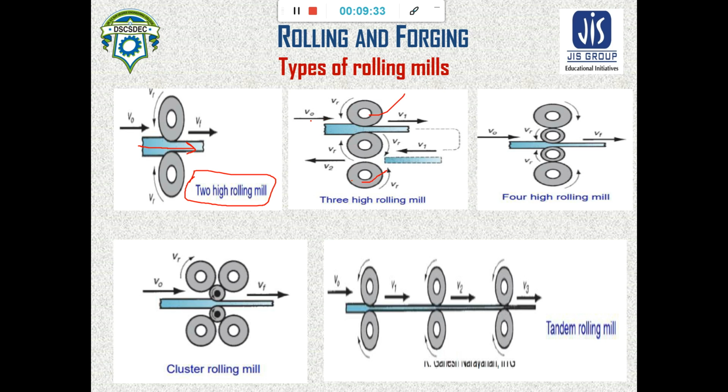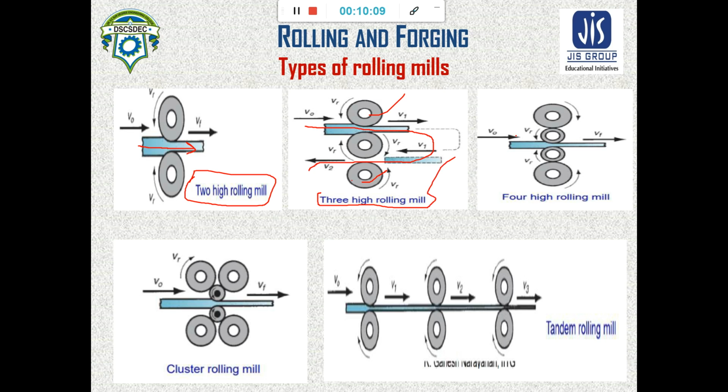The sheet is rolled through the first two rolls, and then it is bent and rolled back through the other pair. This type of rolling gives greater reduction of thickness. So for higher reduction in two passes, the three high roll mill is used.